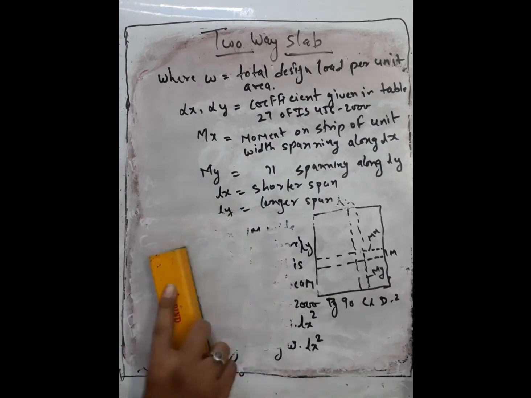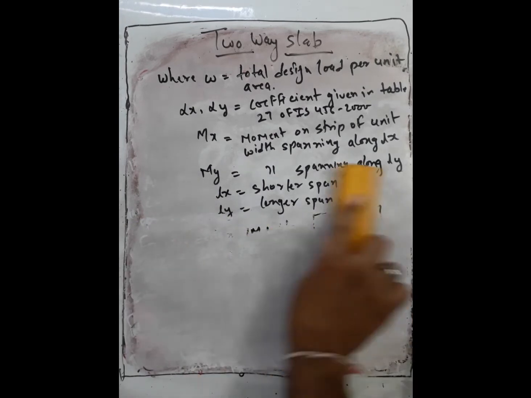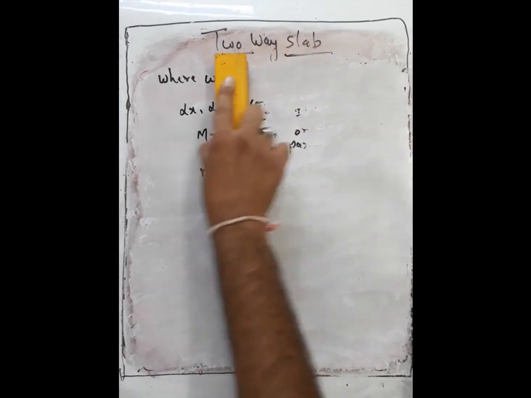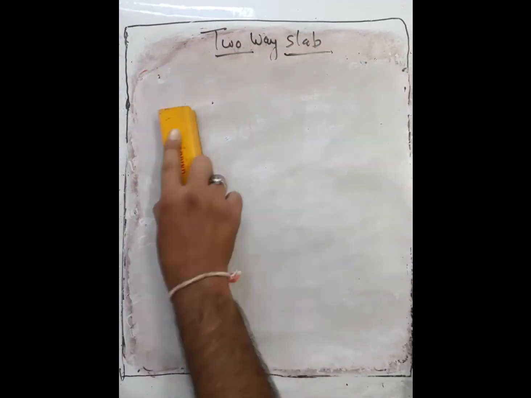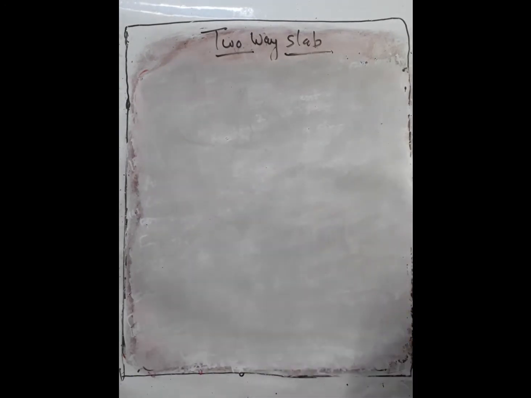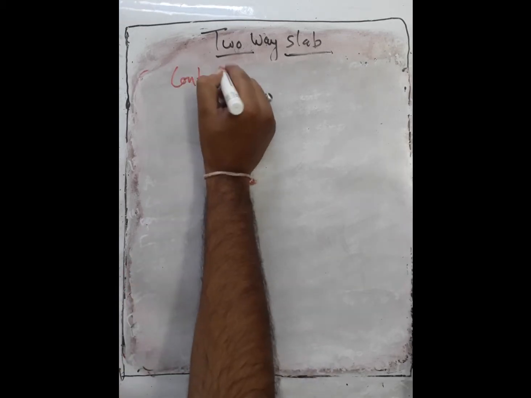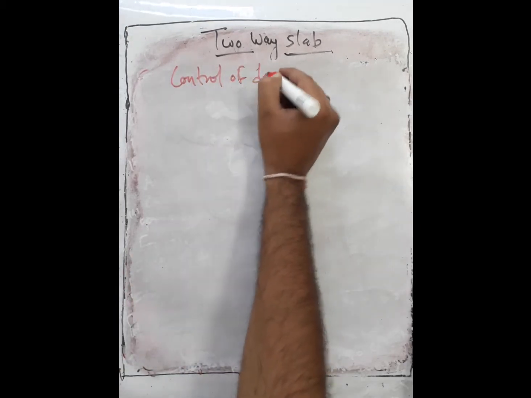Now we see control of deflection for two-way slab also, because control of deflection for two-way slab is different from one-way slab. In one-way slab we have seen that for the simply supported case the L by D ratio is equal to 20, but here different values are given for two-way slab.